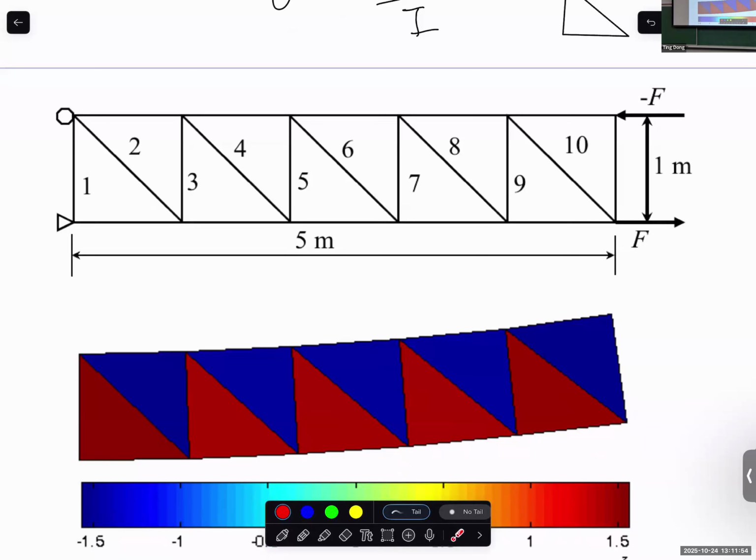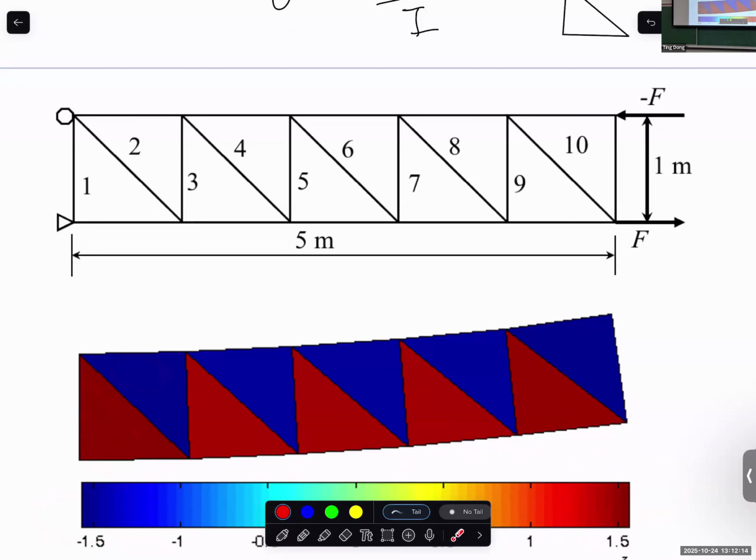In Abaqus or ANSYS or any FEA software, the color represents the stress level. So normally when you go to the red color, it means higher stress. And when you go to the blue color, it means lower stress. So now you can see that it should really change, but you can see in this whole CST element it is the same stress.